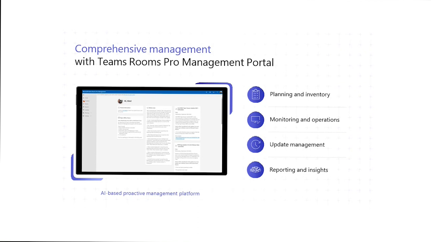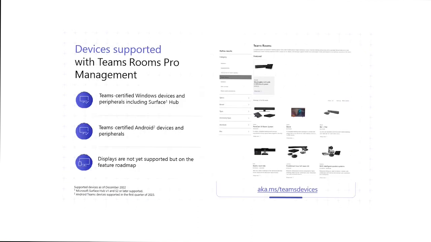And then enhanced reporting and insights beyond what you could see today in Teams Admin Center. Additionally, maybe it's fair to talk about what devices are supported today. The Teams room on Windows devices, along with their attached peripherals, are supported. Surface Hub, V1 and 2S, both supported.